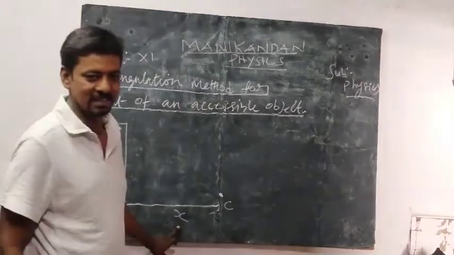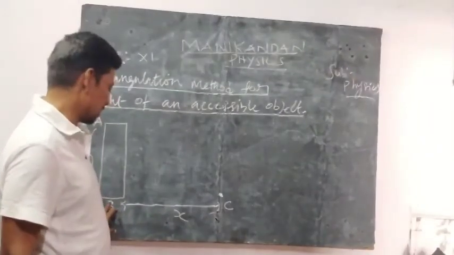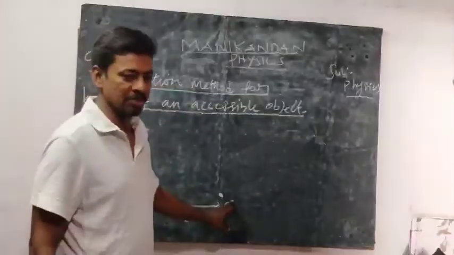X is the distance between B and the point of observation.